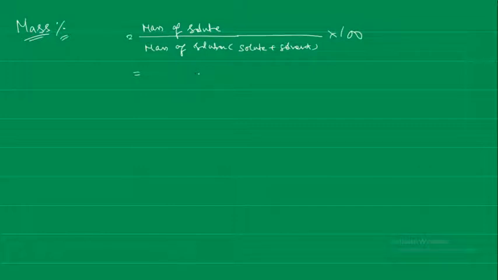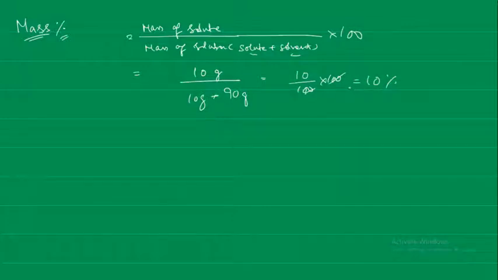For example, if 10 grams of sodium chloride is added to 90 grams of water, 90 grams of solvent plus 10 grams of the solute, it will be how much? That is nothing but 10 by 100 into 100, that is nothing but 10%. So mass percent is nothing but how much percentage of the solute is present in the solution.